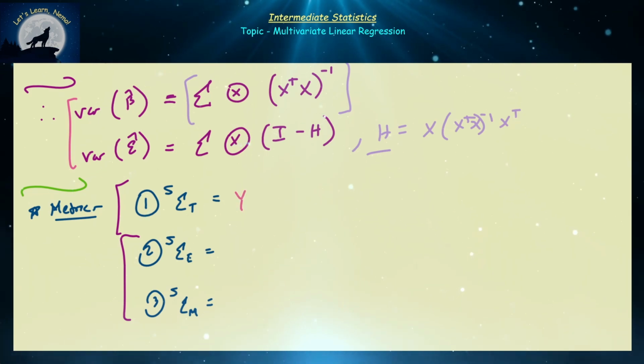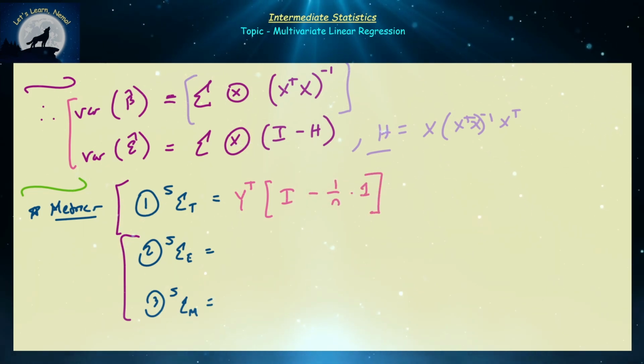The SSigma T will be equal to Y transpose times the identity matrix minus 1 over the sample size times a matrix full of 1s, times your Y. And you should be able to prove that when d is equal to 1, this is precisely equal to the variance of all of your response values, times n minus 1.